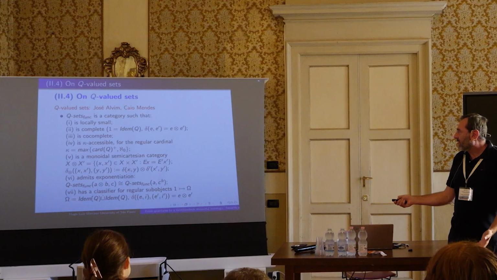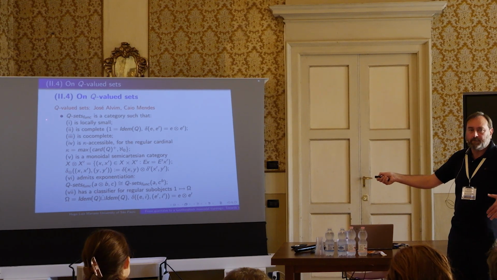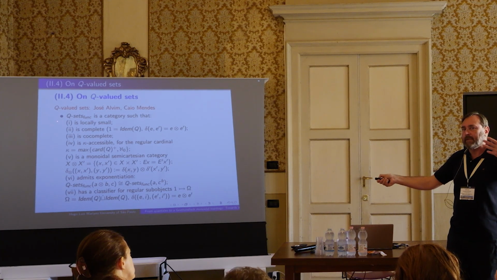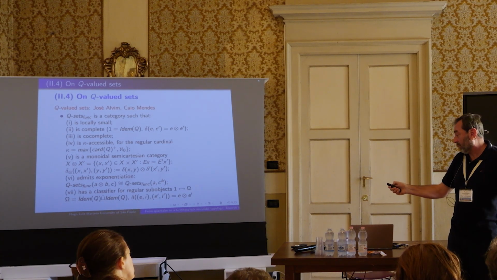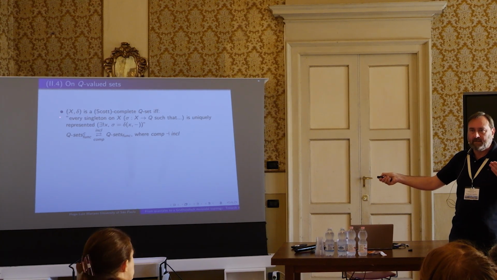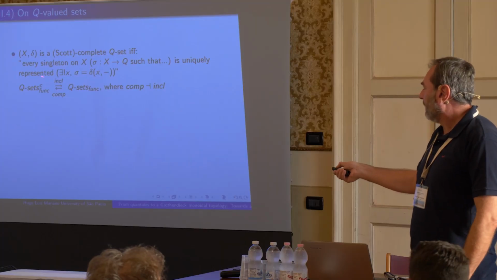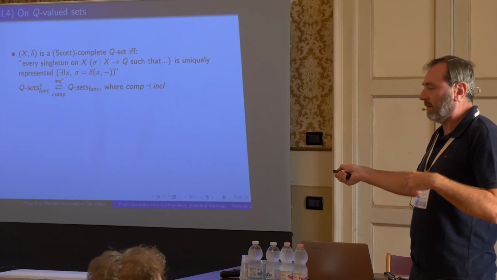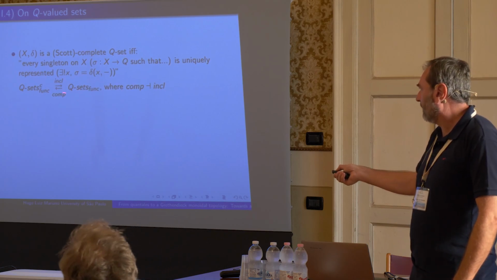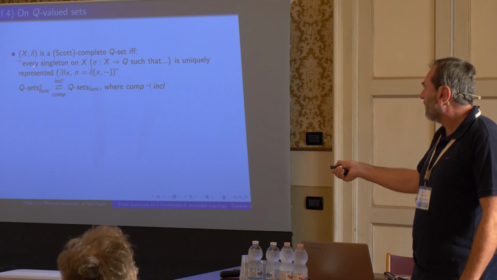Okay. But in fact, this is not the interesting category, even for the local settings. We are interested in a subcategory of this, of the Scott-complete Q-sets, which correspond, in the language of enriched categories, to skeletal and Cauchy-complete Q-sets, but it's formulated in terms of singletons.